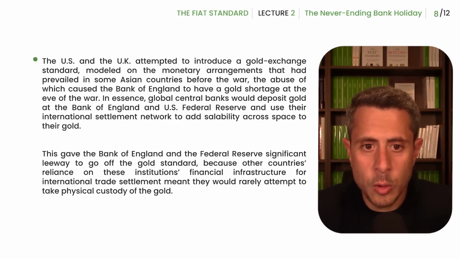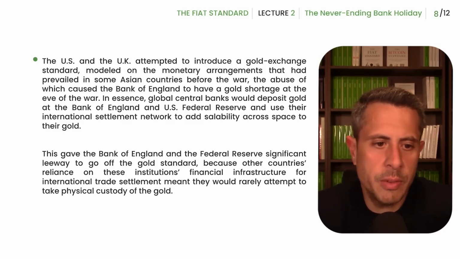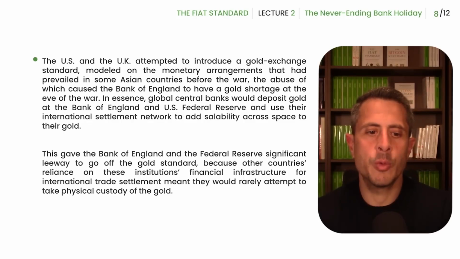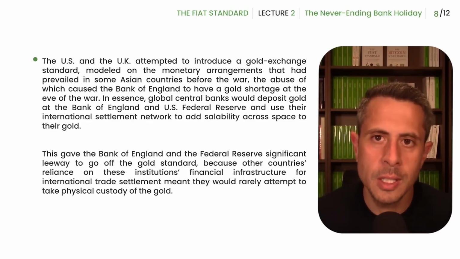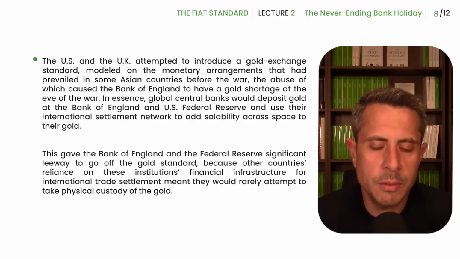In essence, global central banks would deposit gold at the Bank of England and US Federal Reserve and use their international settlement network to add salability across space to their gold. This gave the Bank of England and the Federal Reserve significant leeway to go off the gold standard because other countries' reliance on these institutions' financial infrastructure for international trade settlement meant they would rarely attempt to take physical custody of the gold. So this is really how the problems had started in the first place.